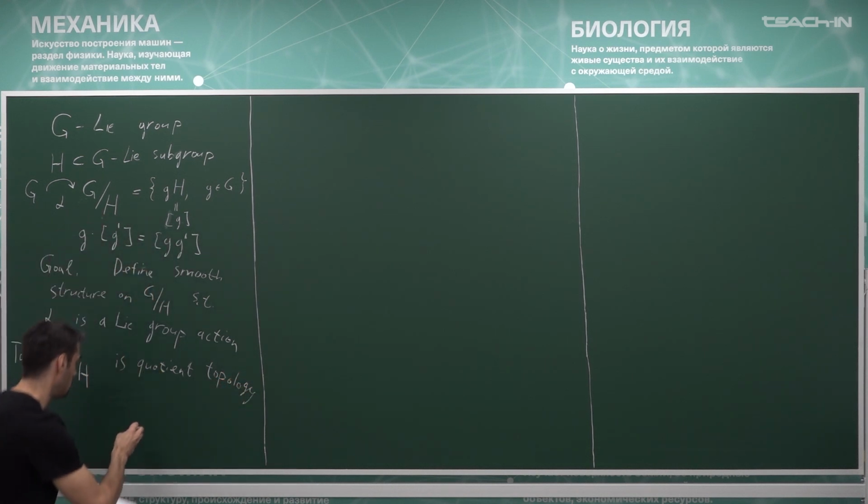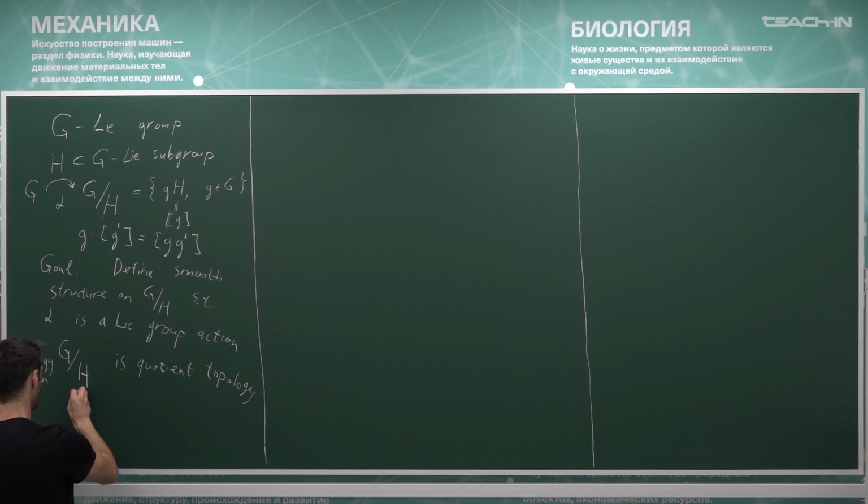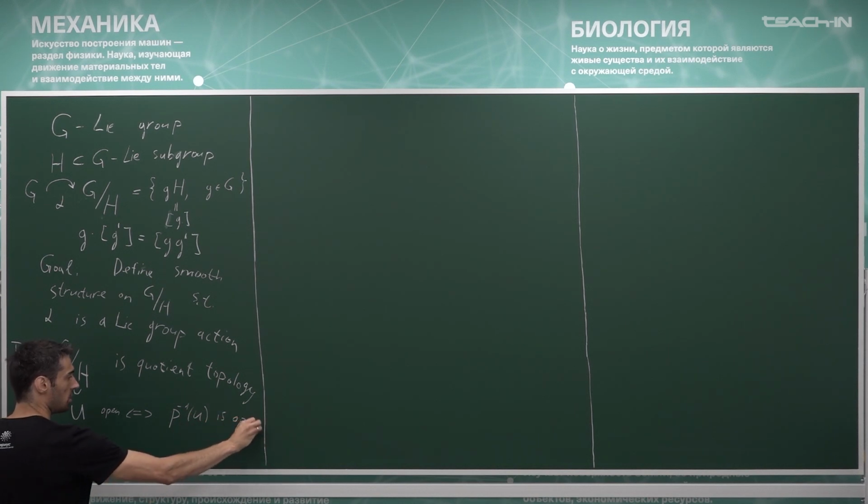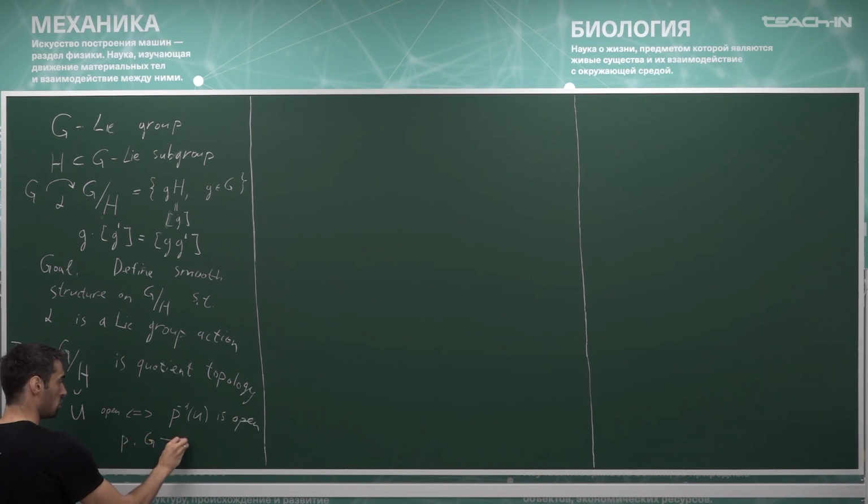That is, U inside here is open if and only if the corresponding lift of U, P inverse of U, is open. Here, P is the projection from G to G over H.